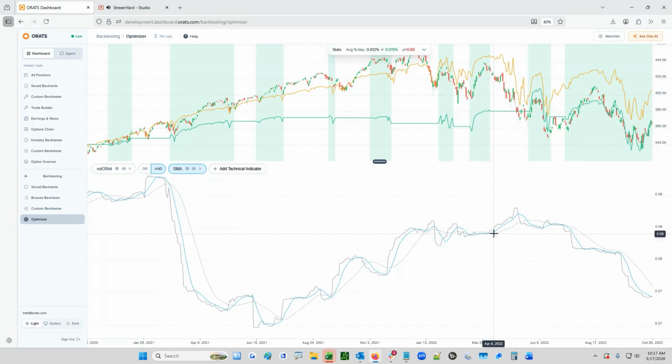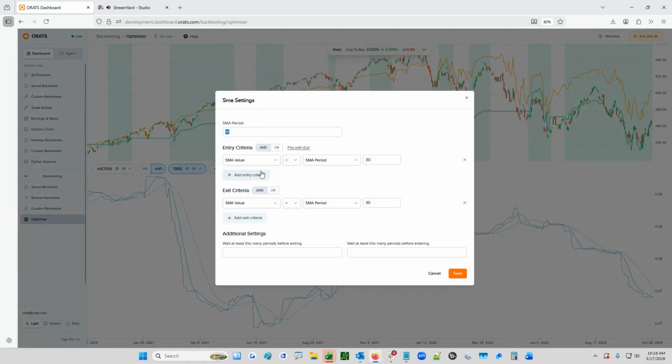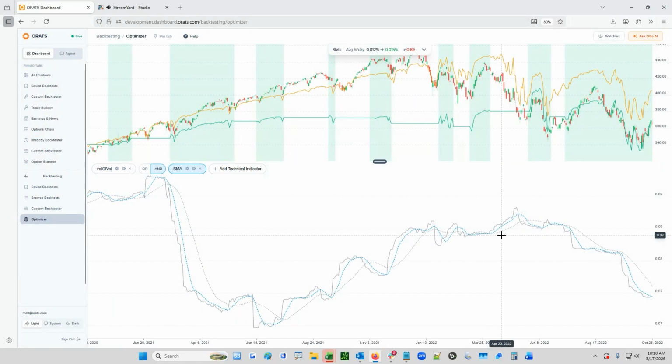So what this said is the vol of the vol, the faster one, the blue one, started going above the gray one, and you could always check. It's the 10-day versus the 30-day. Again, it's a measurement of the 20-day vol, so that might sound like a short time frame, but it's measuring a kind of longer average anyway.